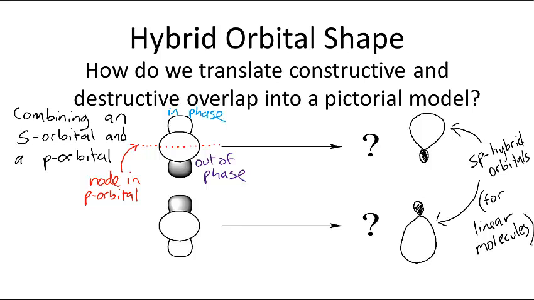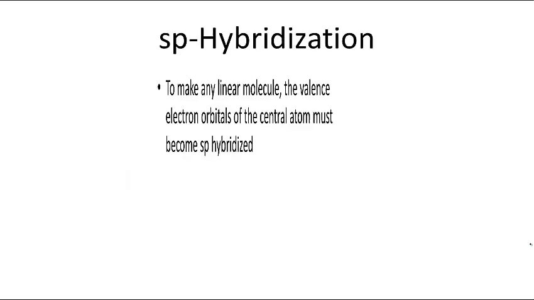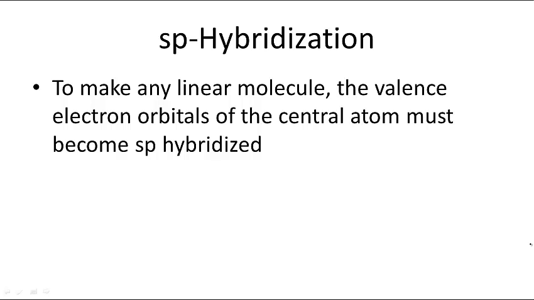Okay, so if I have a linear molecule, it's convenient for us to imagine that the s and the p orbital combine, make these two sp hybrid orbitals, and then one points at each of the atoms it's bonding to. So to make any linear molecule, the valence electron orbitals of the central atom must become sp hybridized. That means you'll have one pointed to the left and one pointed to the right.